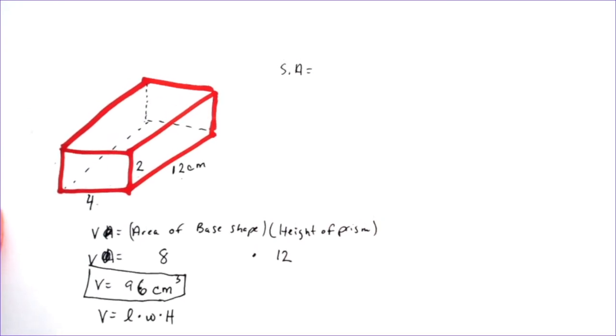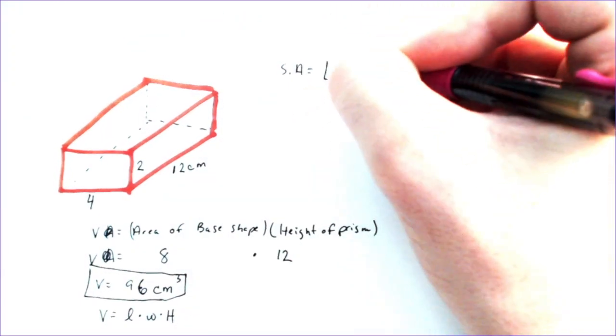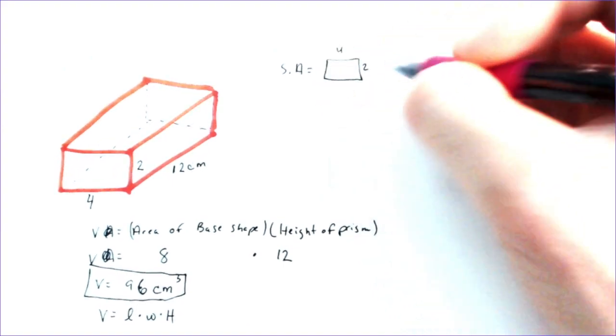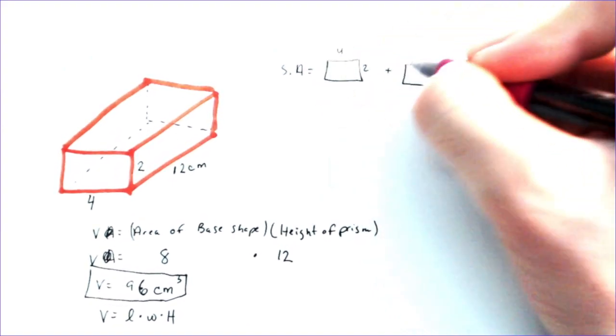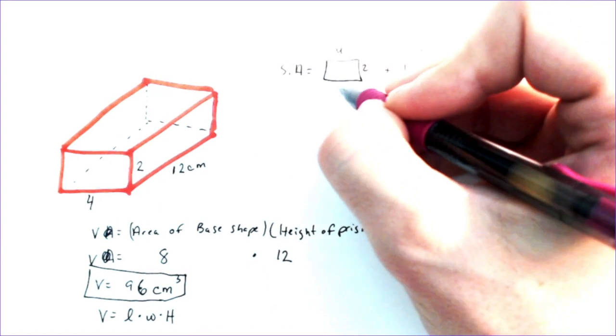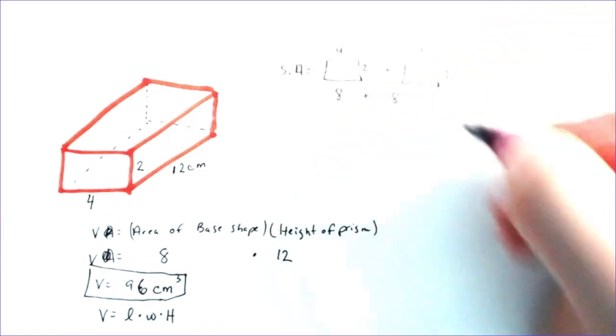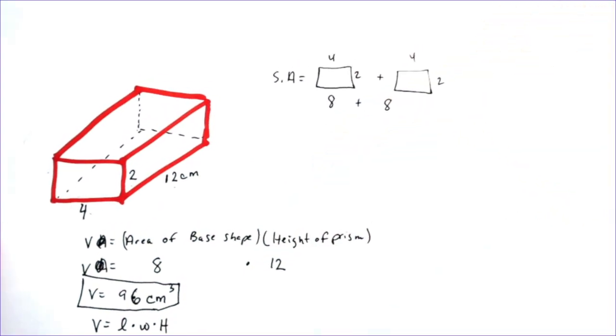So if we have 2 and 4 here for the front and the back rectangles, those are both going to have an area of 8. 2 times 4 and 2 times 4 both have an area of 8.